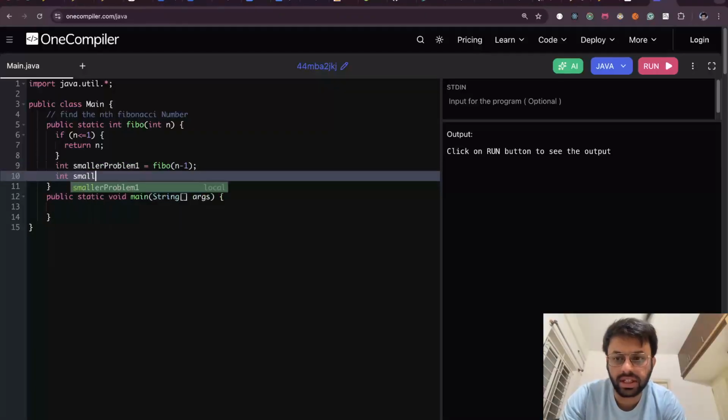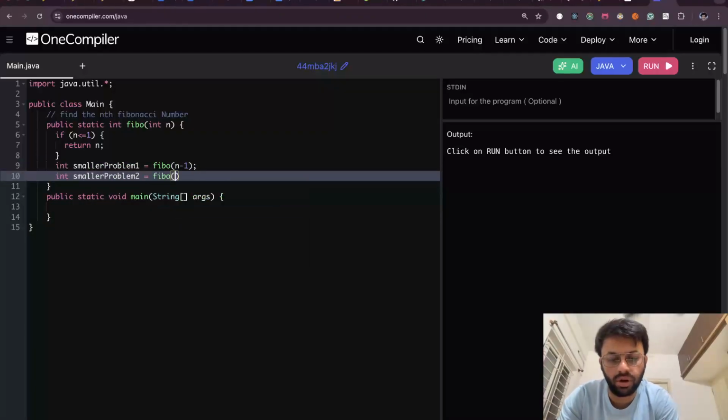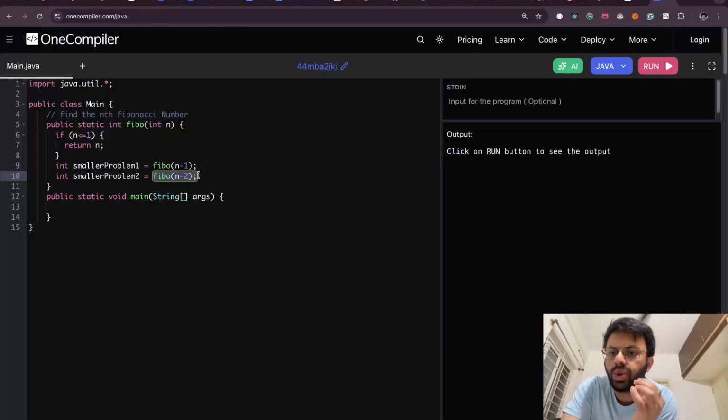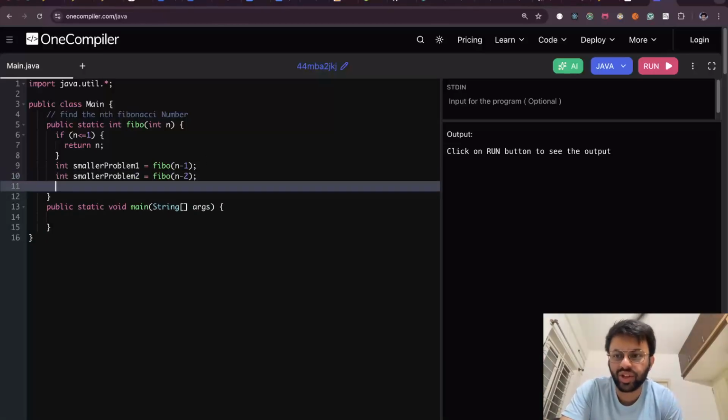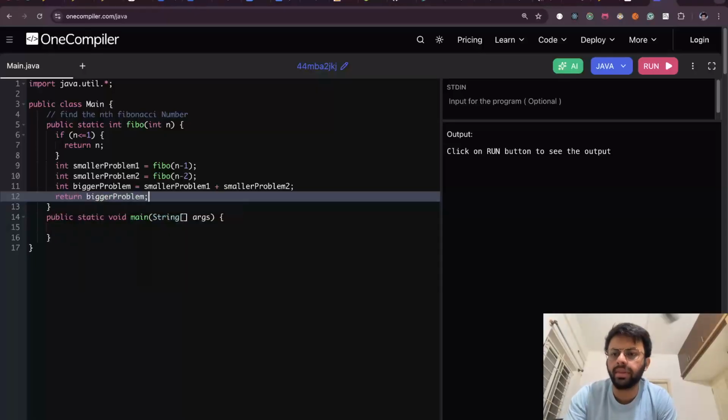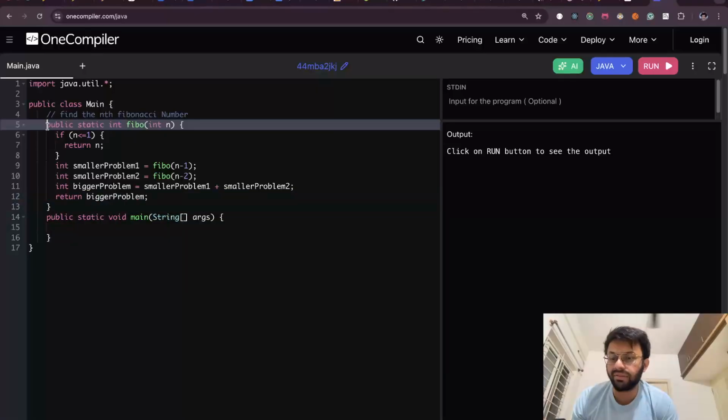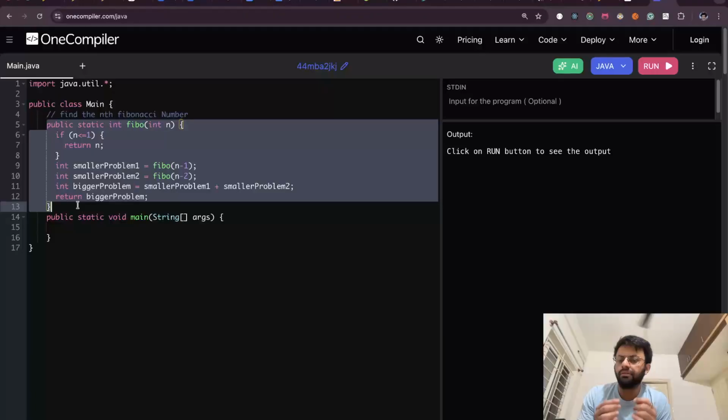Then suppose I say smaller problem 2 is Fibo of n minus 2. This recursive call will give me the n minus 2th Fibonacci number. And then I can say bigger problem is smaller problem 1 plus smaller problem 2, and then I can return bigger problem. That's it, done. This is my Fibonacci number function.